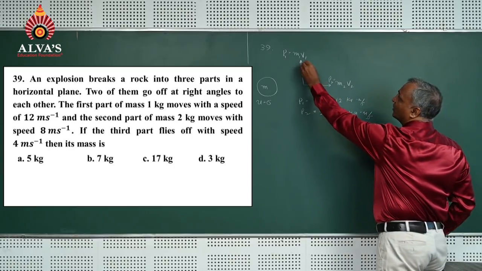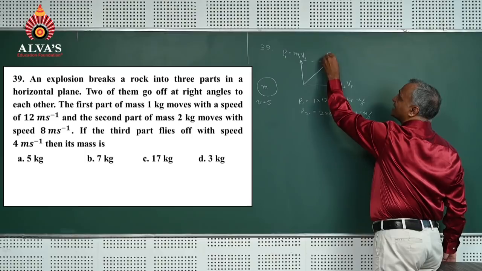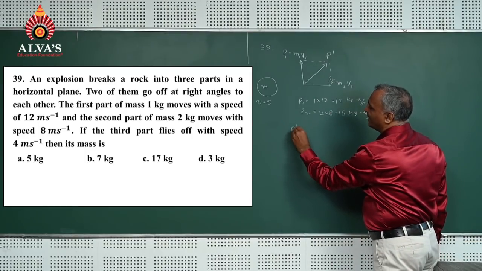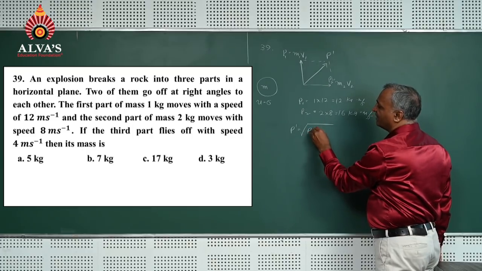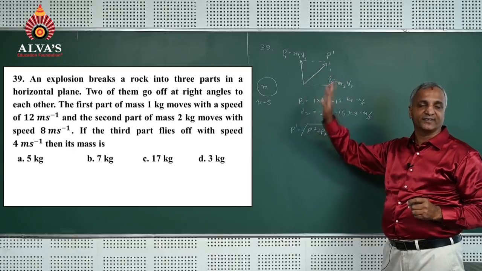Let us first find out the resultant of these 2. Let me call that P dash. Then P dash will be equal to square root of P1 square plus P2 square. Since the angle between them is 90 degrees, the third term vanishes.